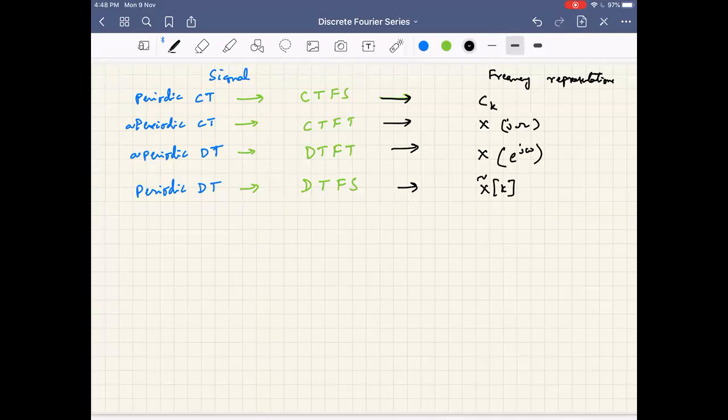So let us explicitly write the continuous time Fourier series expressions.